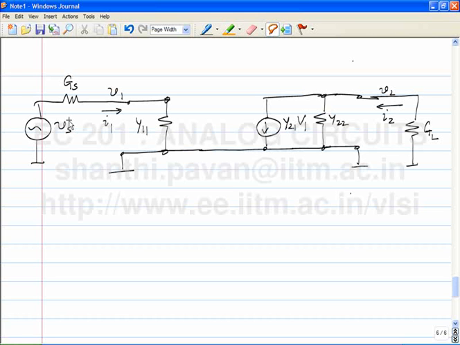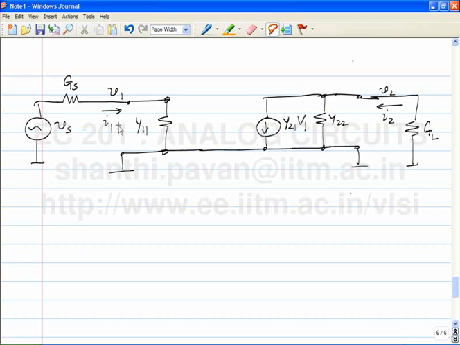If there is a current flowing through GS, there is a drop across GS, so V1 will change, which will in turn cause V2 to change. So eliminating dependence on GS is equivalent to reducing the current to 0. In other words, the input impedance looking in must become infinite so that the current is 0, which is equivalent to making the input conductance Y11 become 0. Does that make sense? Very good.